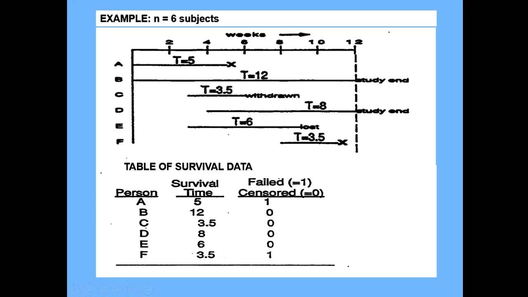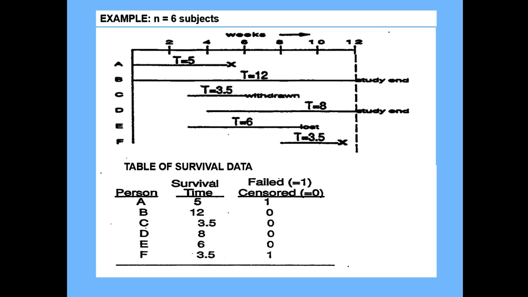We're talking about survival. We also need to know whether they were failed or whether they were censored. So we actually have another column over here that we have to put in. So when we're talking about survival analysis, there's 2 parts of the outcomes. The survival time and whether or not they failed. They both have to be considered when you're trying to figure out what's going on.